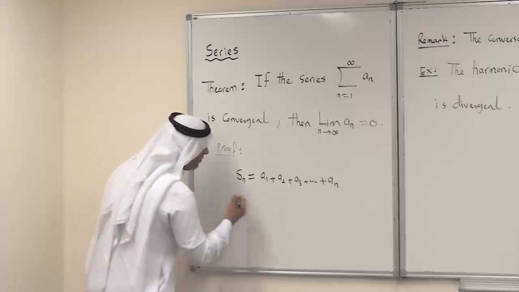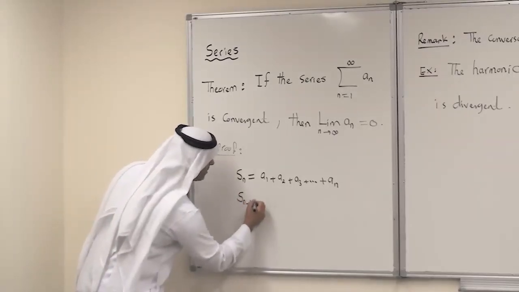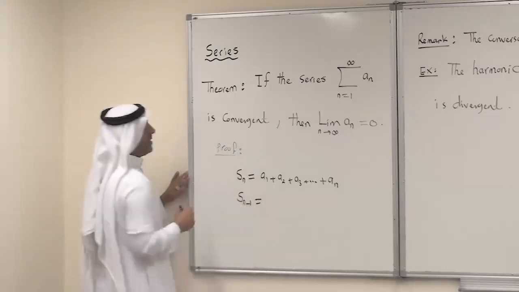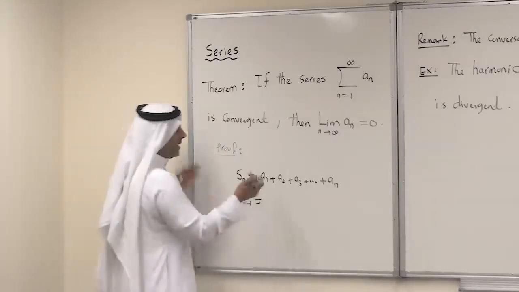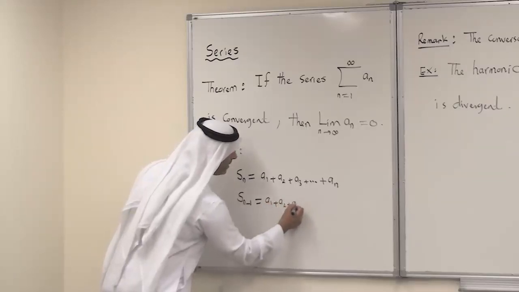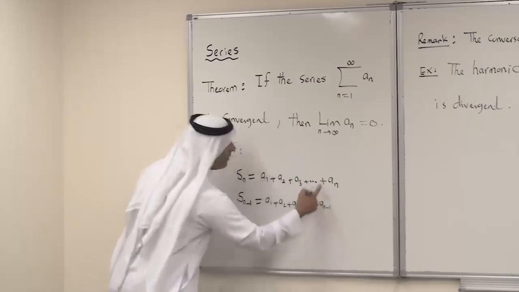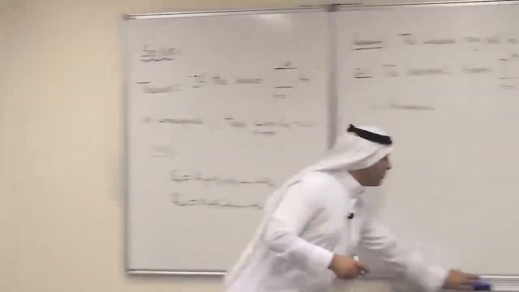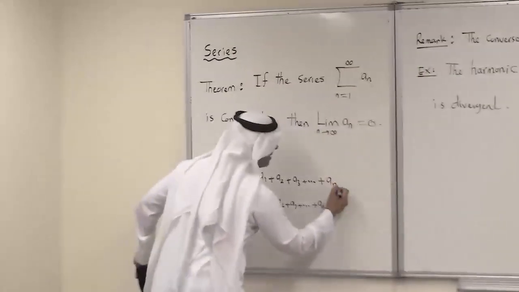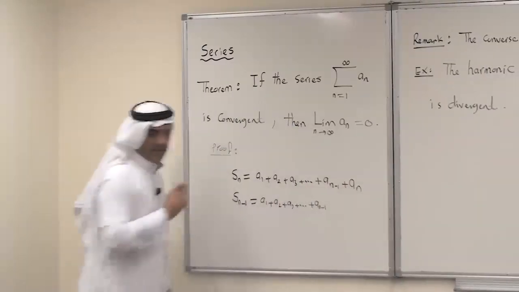Since the series is convergent, before I go to discuss the convergence of the partial sum, what is S(n minus 1)? The sum of the first n minus 1 elements. That is a1 plus a2 plus a3 plus up to a(n minus 1). Okay, if we look carefully here, I can add one more point. I will say this is up to a(n minus 1) plus an, because the previous term is a(n minus 1). Fine.